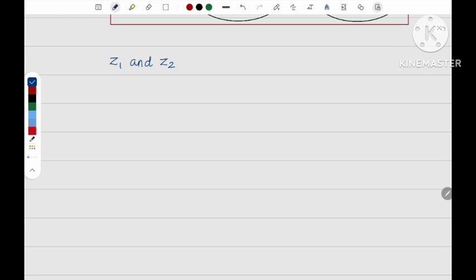Then z1 plus z2, that is addition of these two complex numbers, or subtraction, z1 into z2 and z1 by z2, they will all belong to complex numbers.